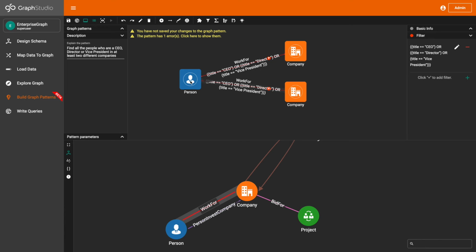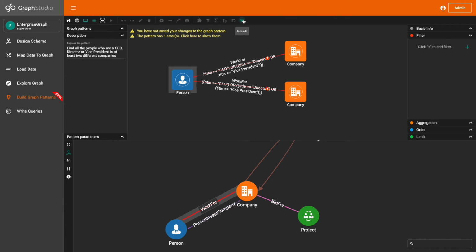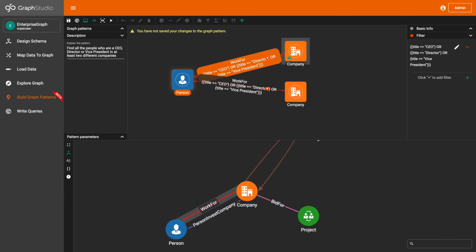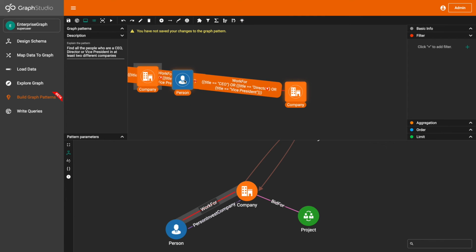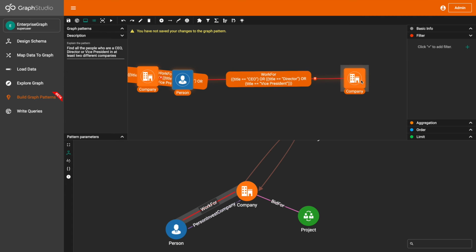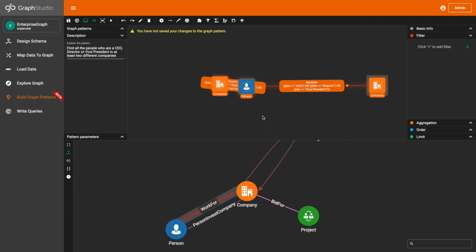So here we finish setting our filter for our edges, and now I'm going to set our output. So I'm going to include all the vertices and edges in our output so that we can see the person and their title, and also all the companies that all these people work for.